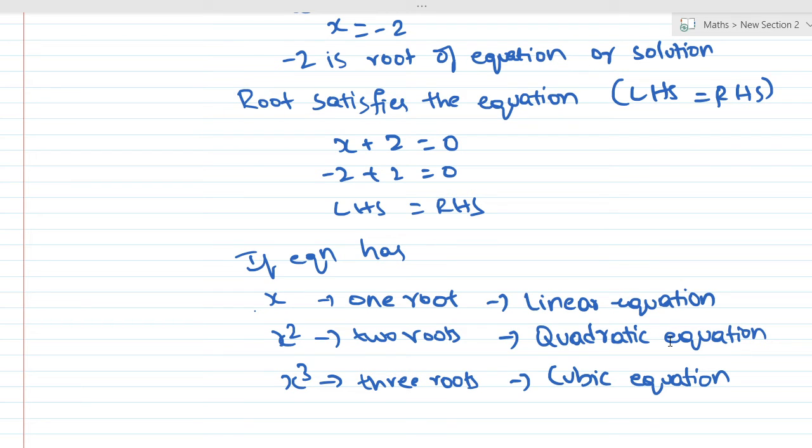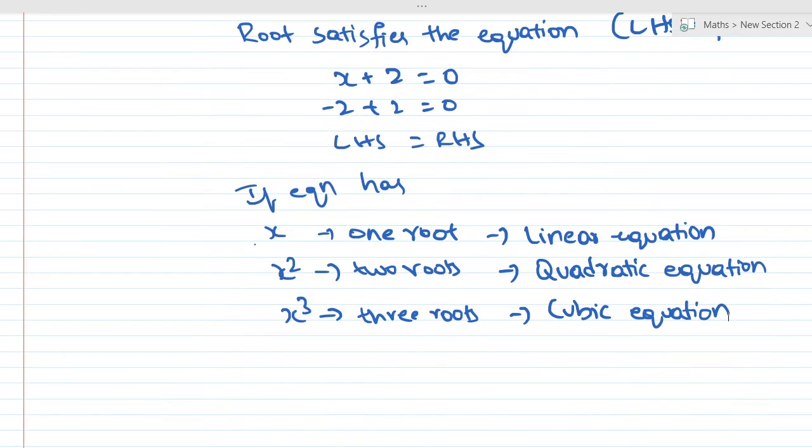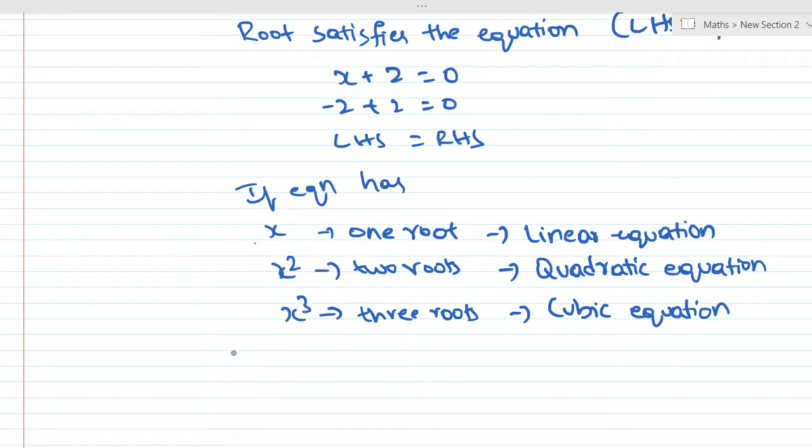So next we'll deal with simultaneous equations.